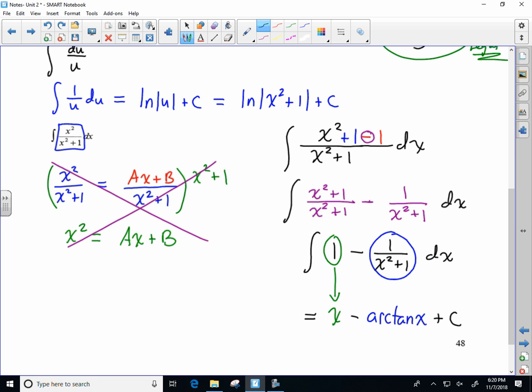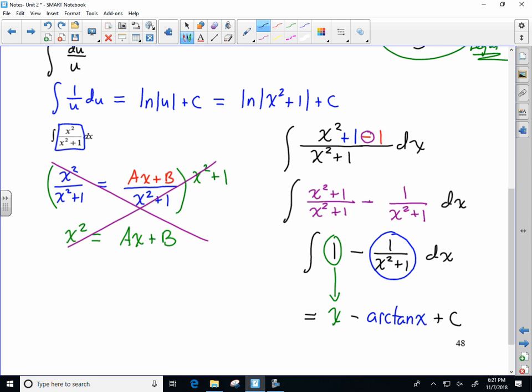Now, how did I know to do that? Aside from the fact that I just exposed you to a new technique, right? So that's a big question. The relationship is the key, right? If you're looking at something that is almost a rule, specifically an inverse trig rule, but the powers are the same top and bottom, then this technique could come into play.